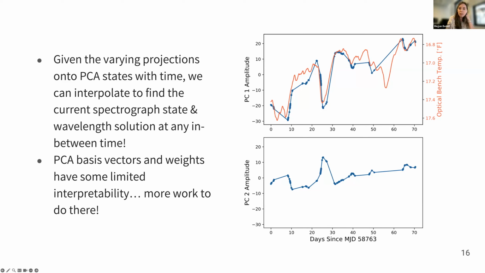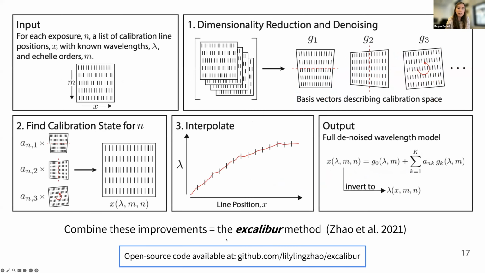So I think there's still work that could be done here in terms of incorporating better the engineering data that's taken to get a more complete and interpretable picture of the spectrograph calibration state, which might be a fun future project. But in the meantime, we have this very data-driven way.